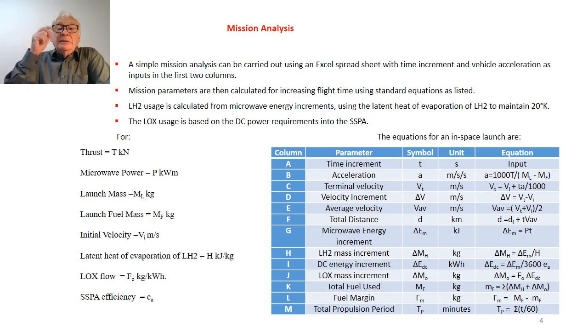The inputs are, if you like, in column A, which is a time increment, and the acceleration in column B. So essentially you carry out the mission analysis by line, varying the time increment for whatever particular mission phase you are in, and obviously you sum everything at the last line of the spreadsheet.